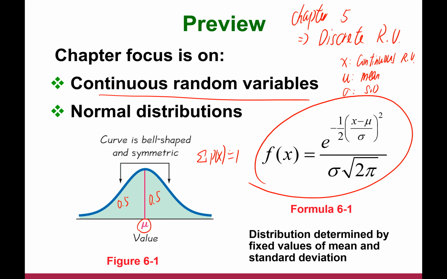We also have pi. Pi is approximately equal to 3.1415. Also the E. E is a natural number, approximately 2.718.